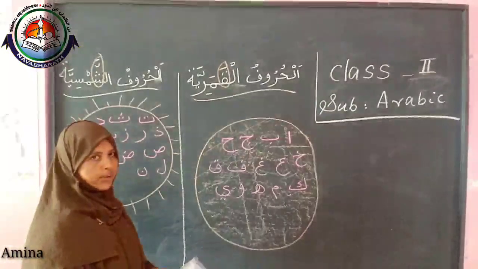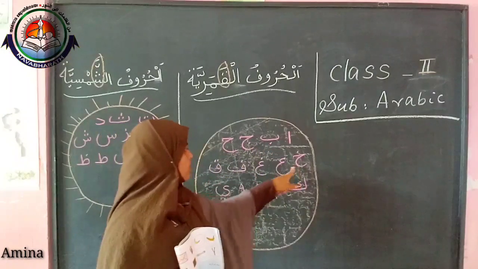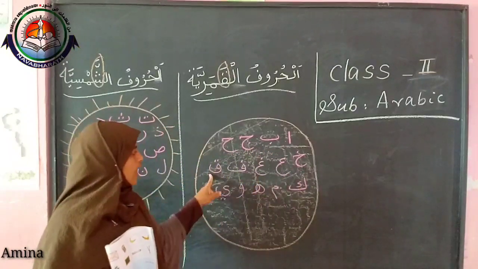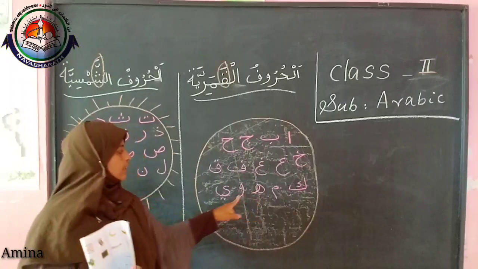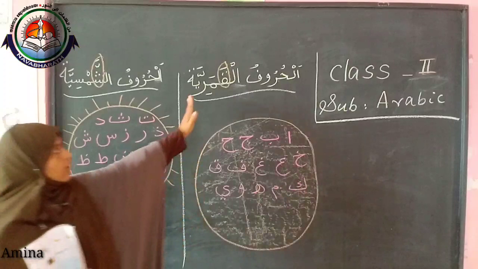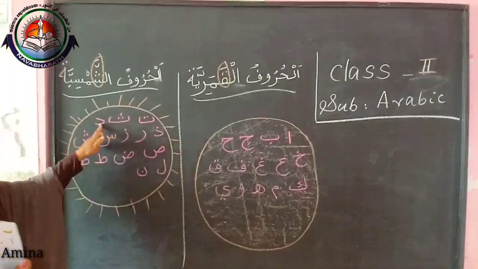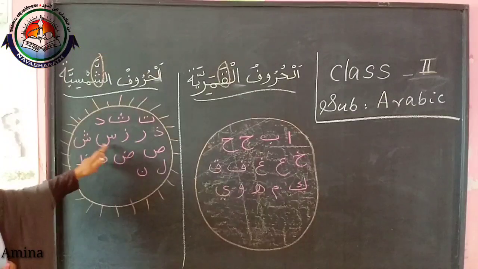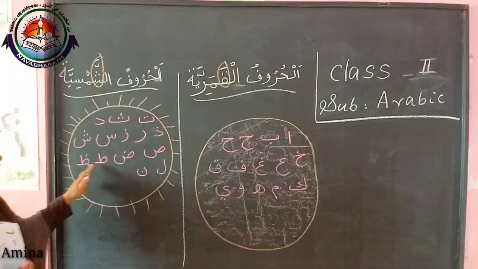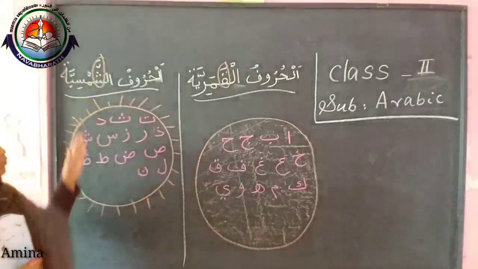Look at here. Count it now. 1, 2, 3, 4, 5, 6, 7, 8, 9, 10, 11, 12, 13, 14. Fourteen letters are included in huruf al-qamariya. The next one, 1 to 14. Fourteen letters are included in huruf al-shamsiya.